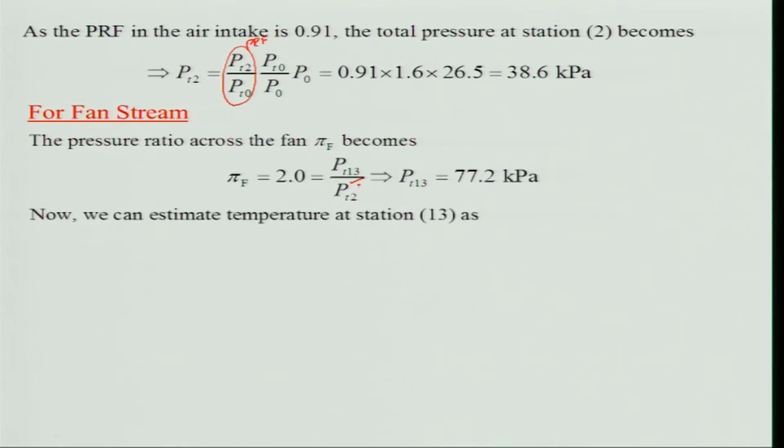And we can estimate the temperature at station 13 by assuming that T19 is the same as T13. Tt13 by Tt2 will again be related to Pt13 by Pt2, and this is what you call the fan pressure ratio, Pt13 by Pt2, that is nothing but your 2.